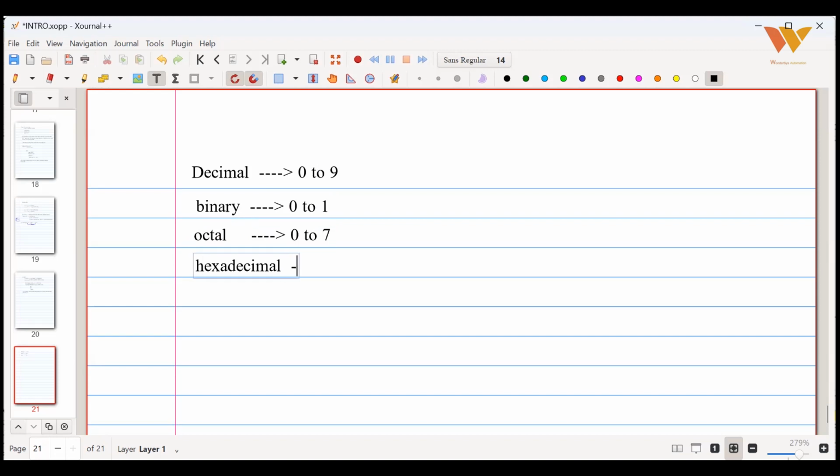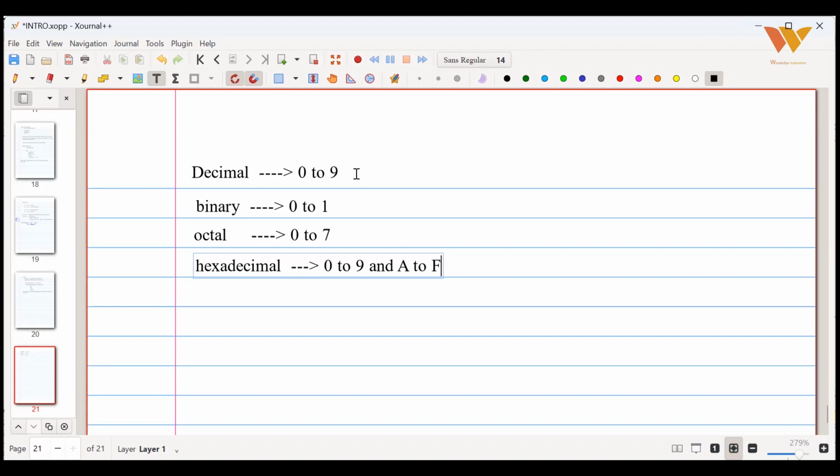Hexadecimal represents 16, so it is 0 to 9 and A to F.